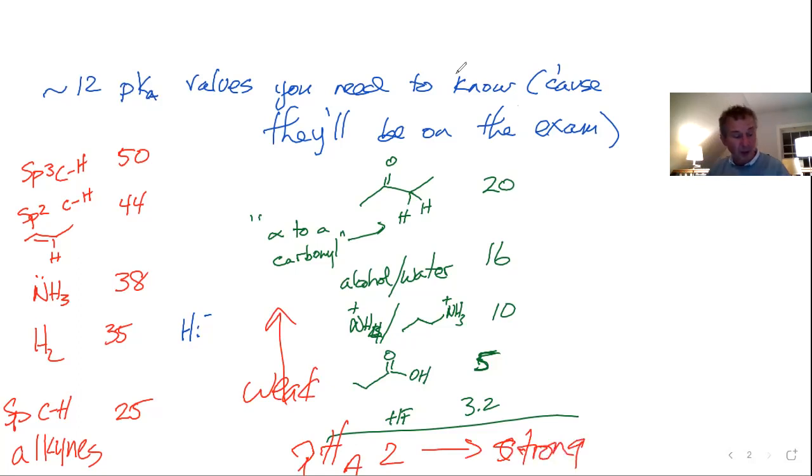So the first one I want you to know is, remember we did ammonia or amine, 38, and then the protonated ammonium or the protonated amine, and that's 10. So we've done oxygen in the form of water or alcohol.